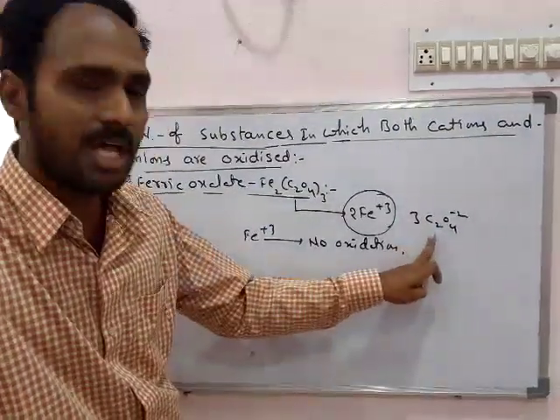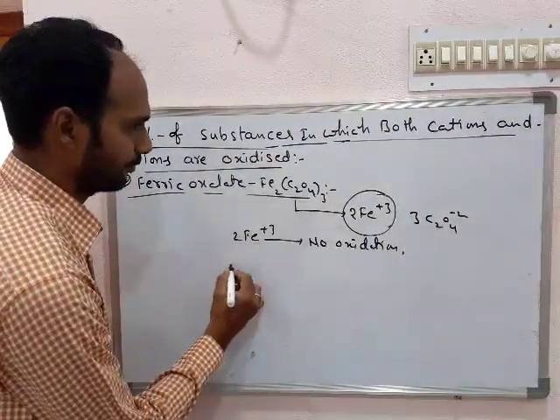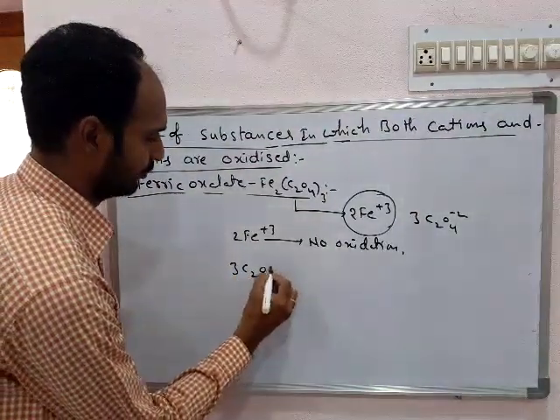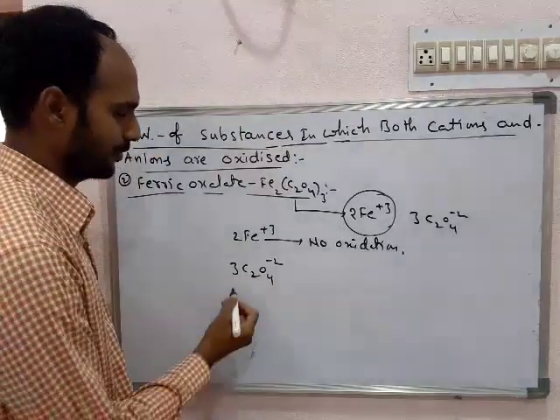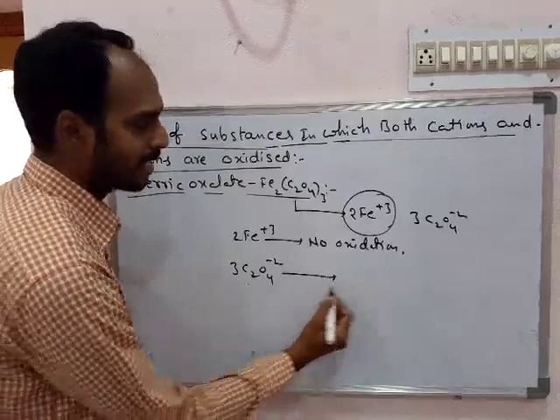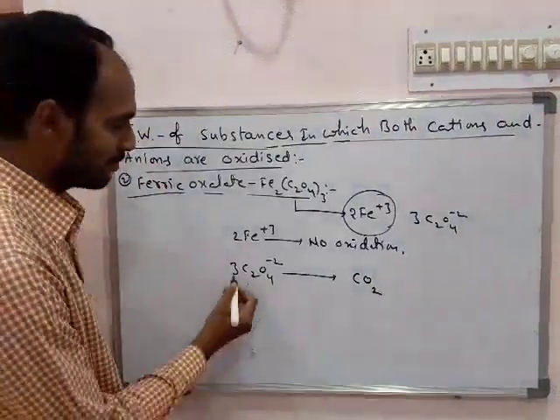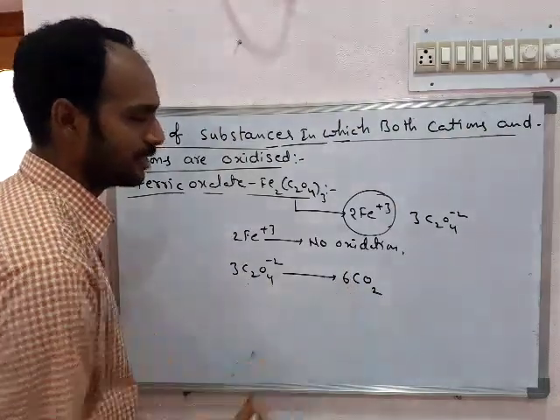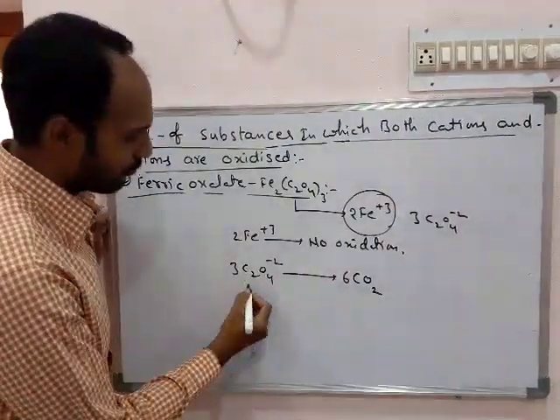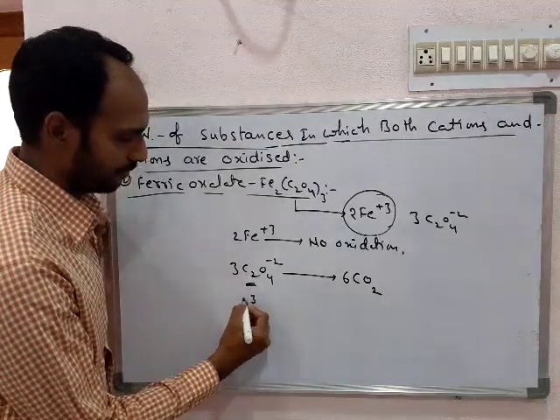Now what is the change in the 3 oxalate ions? We know that oxalate ions are changed to CO2. Therefore, for balancing purposes, we write 6 CO2. We already calculated the oxidation number of carbon here: +3.